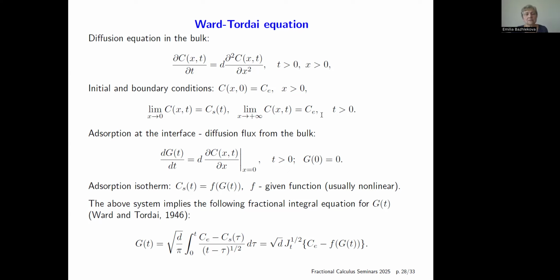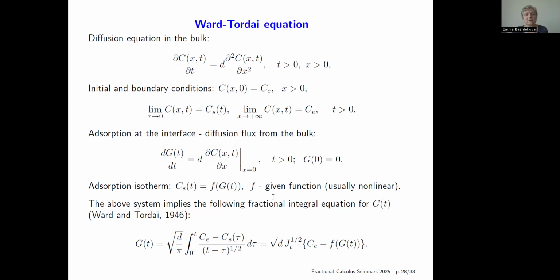And the evolution of the concentration G is given by this relation, where CS is the subsurface concentration given by the relation here, where F is a given function, usually nonlinear. So this is a typical classical problem with integer order equations.